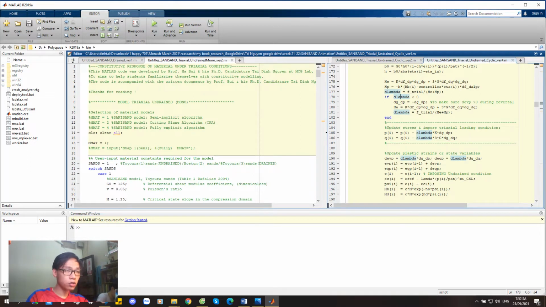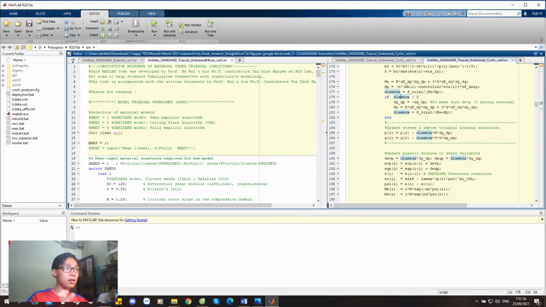It's totally strange. You know, we have f. f is always lower than zero, or negative, when it's elastic. When f equals zero, it's in the elastoplastic stage, and dλ is totally the same: dλ equals zero when elastic, and dλ is more than zero, positive, in plastic.